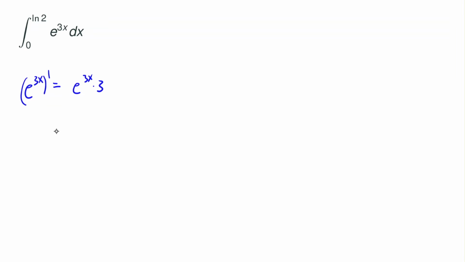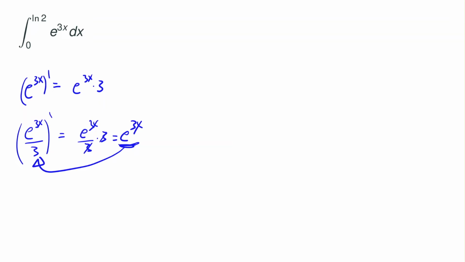Therefore, if I take the derivative of e to the 3x divided by 3, I get e to the 3x over 3 times 3 by the chain rule. So the 3 cancels out, leaving e to the 3x. So that means the antiderivative of this is e to the 3x over 3.